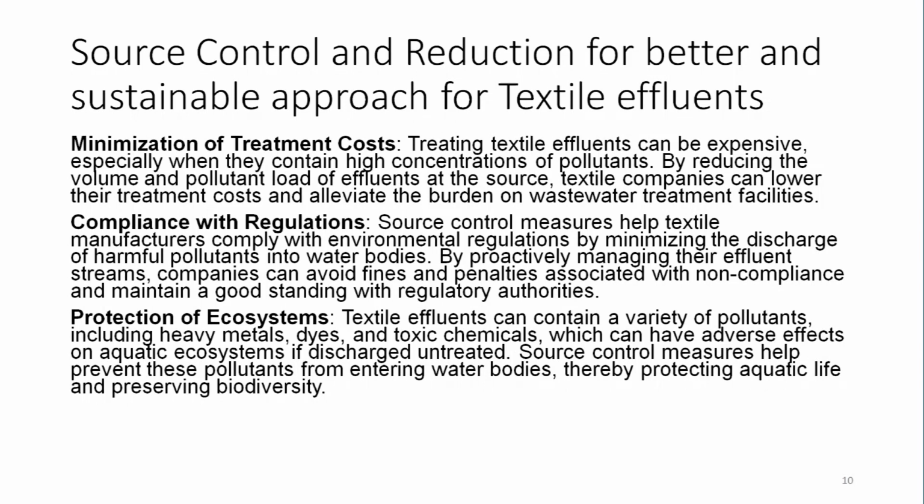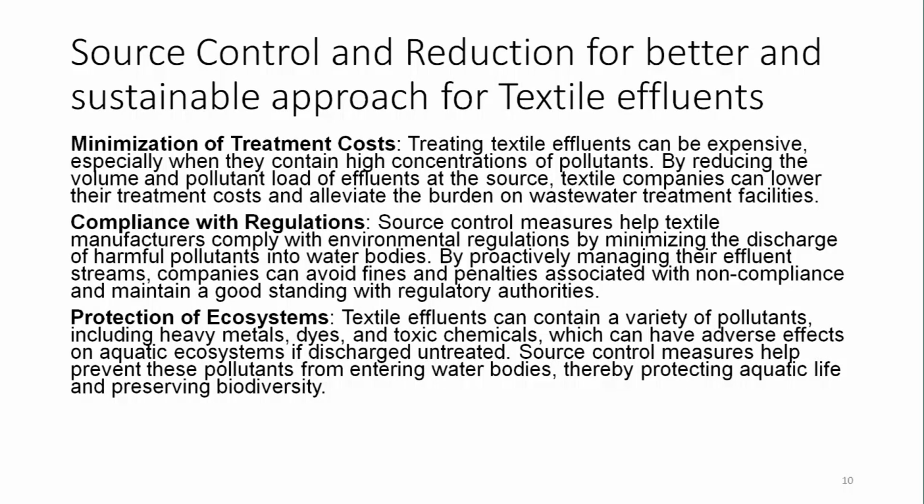Protection of ecosystem. Textile effluent can contain a variety of pollutants including heavy metals, dyes and toxic chemicals, and this we have seen and learned from lecture number 1. Even in lecture number 11 we are talking about how to protect the environment from all these toxic chemicals which remain in the textile effluent after the wet processing of the textile, and then they are discharged into the aquatic system.